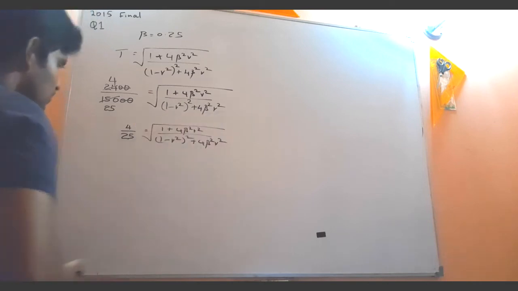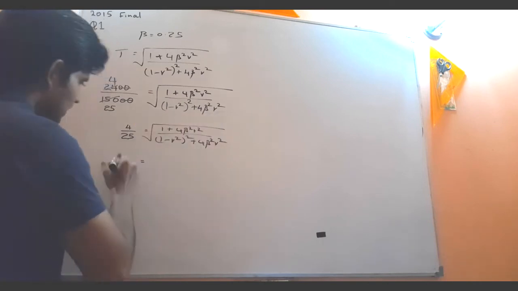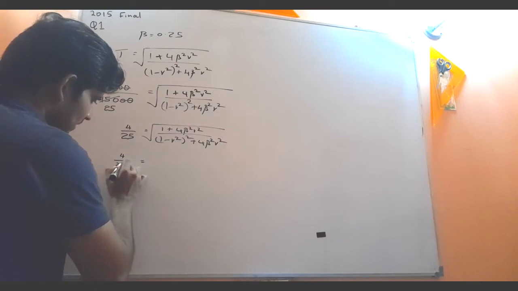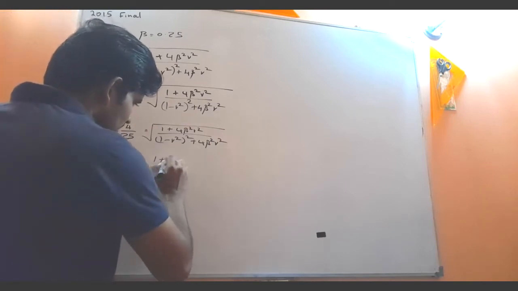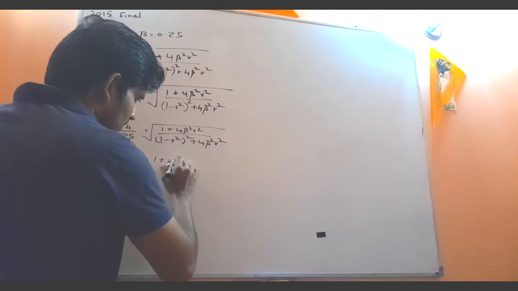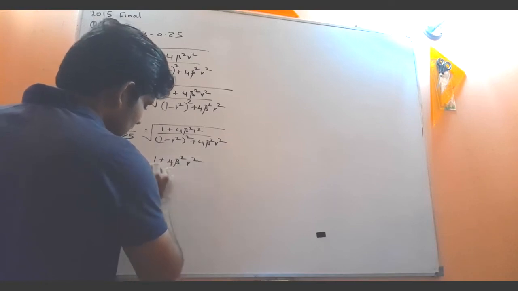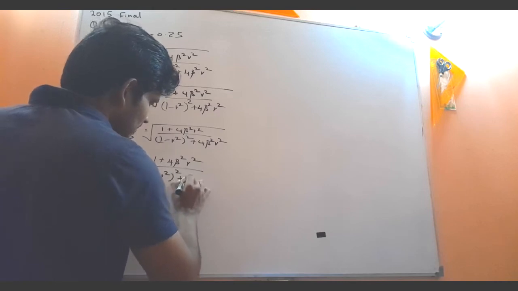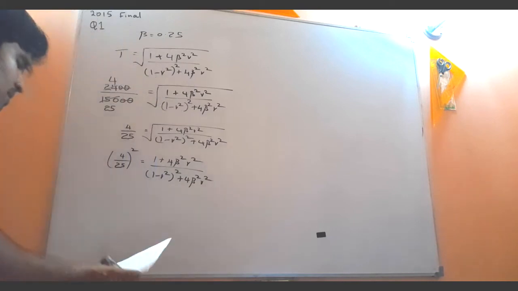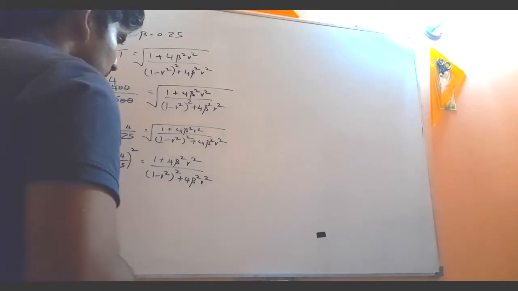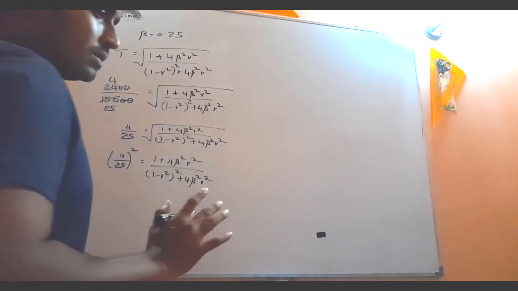So squaring both sides will give you 4 divided by 25 whole thing squared equals 1 plus 4 beta squared r squared divided by 1 minus r squared whole thing squared plus 4 beta squared r squared, right? Okay, so now be careful.